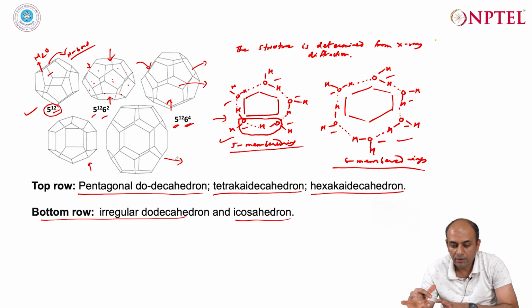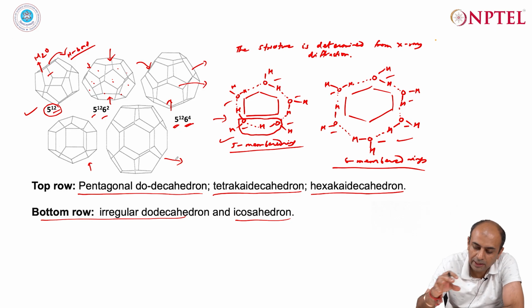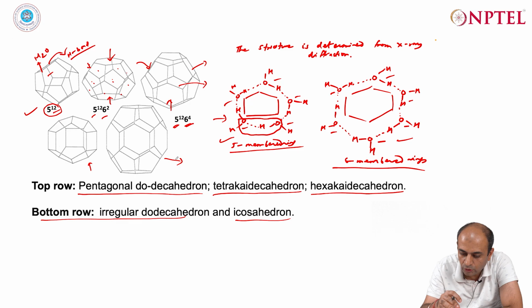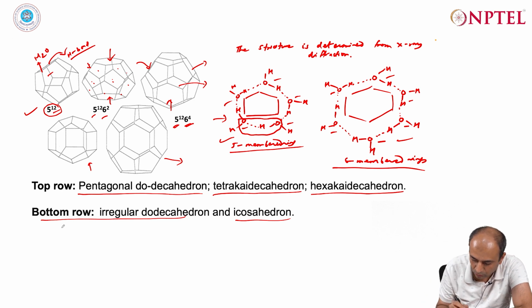So keeping in mind the composition of these building blocks, we can either have the fusion of 5^12 unit with 5^12 6^2 unit, or the fusion of 5^12 6^4 with 5^12 units. We can have different types of structures. So 2 structure types have been reported.